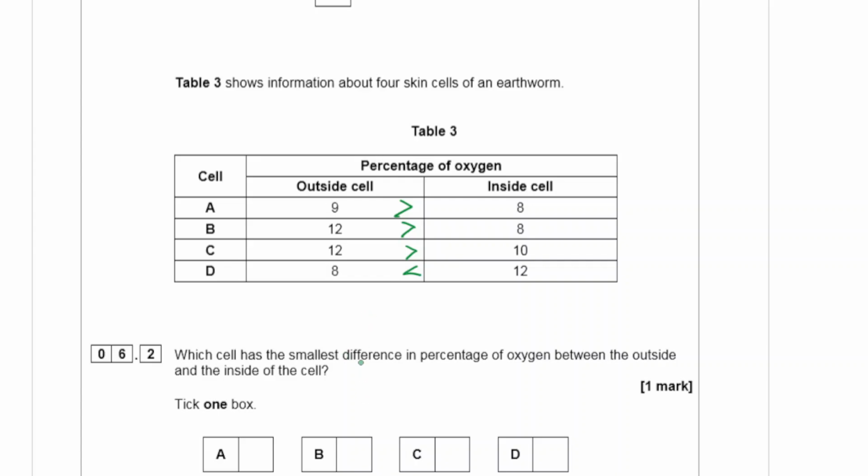Which cell has the smallest difference in percentage of oxygen between the outside and the inside of the cell? This is 1%, this is a 4% difference, this is 2%, and that's actually minus 4%. The smallest difference between the outside and the inside is cell A.